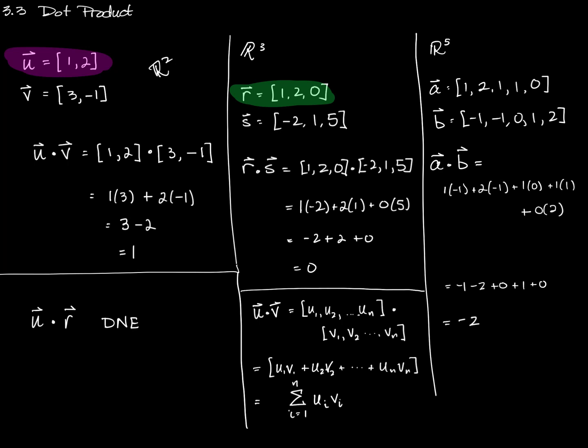So all of this notation in your textbook means this. And all that means is that for some generic vectors U and V, you do this component by component multiplication and add together the results. And that's the dot product.